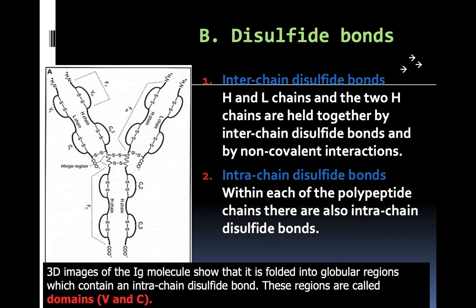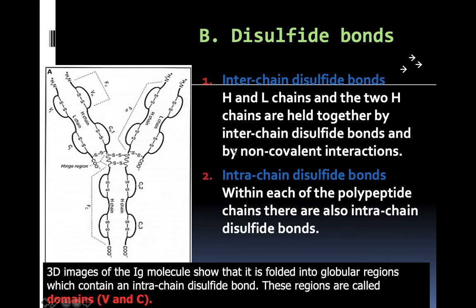So here we can see an interchain disulfide bond. Actually, this is heavy. So this one is an interchain disulfide bond holding our light and our heavy chain together. On the other hand, we have our intrachain disulfide bonds.